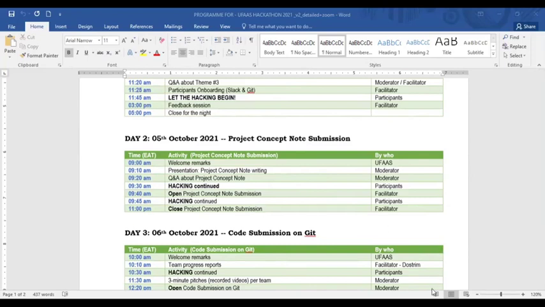Would that answer you? I beg your pardon. The deadline for submitting the concept note is today at 11 p.m., as per the schedule which was shared with you.